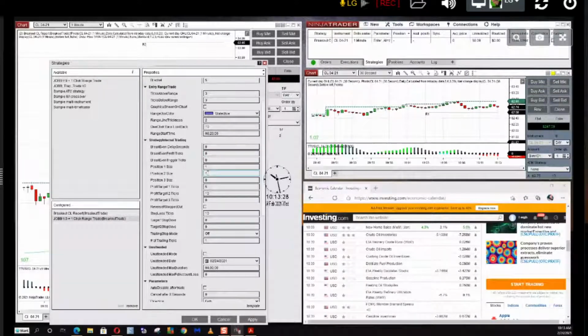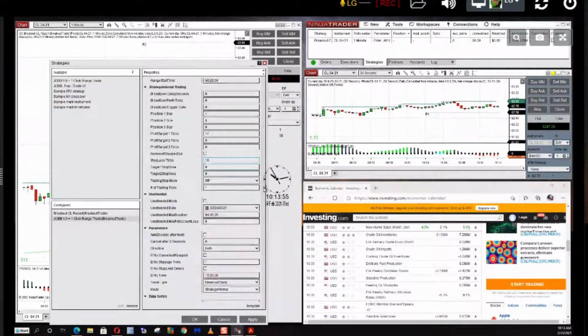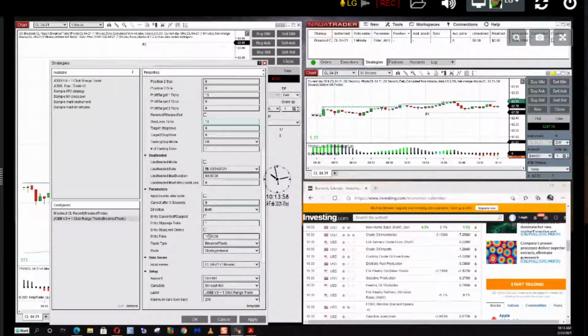One target, one position on a reversal, a target of 15 ticks, and usually I use a stop of around 18. And with a reversal trade setup, all you need to set up is a position, how many contracts, a target for each position, and you don't need an entry time.